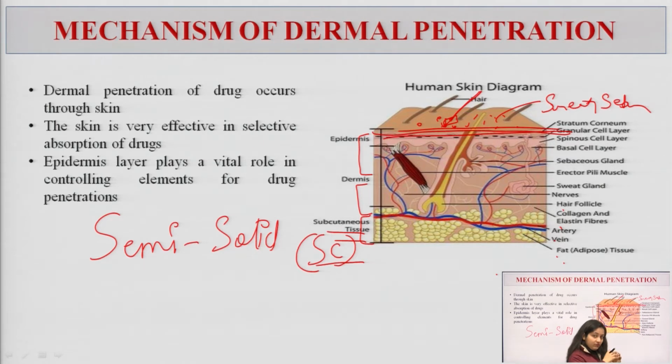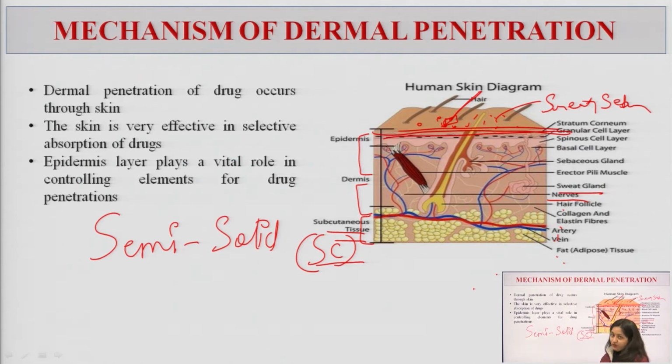The actual exchange of medicaments and the blood takes place here, between the sweat gland, the nerve fibers or the artery and vein, wherever the substances are supposed to be exchanged. So, when we apply anything onto the external surface, it passes these layers and reaches the main target area from where the actual exchange of medicaments should take place.